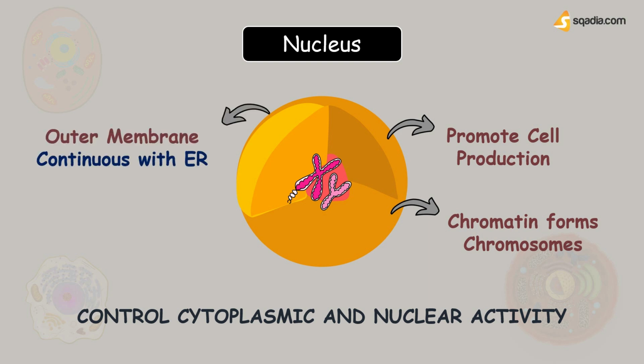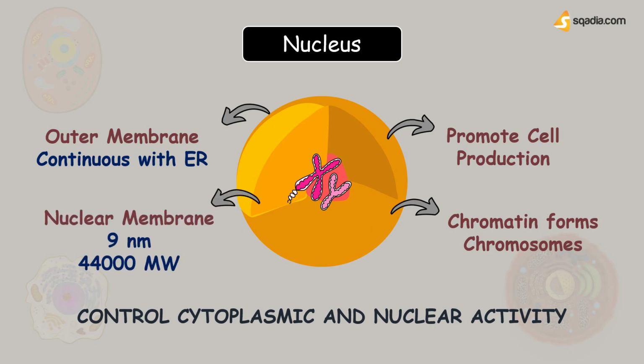Nuclear membrane. The nuclear membrane, also called the nuclear envelope, is actually two separate bilayer membranes, one inside the other. The outer membrane is continuous with the endoplasmic reticulum of the cell cytoplasm, and the space between the two nuclear membranes is also continuous with the space inside the endoplasmic reticulum.